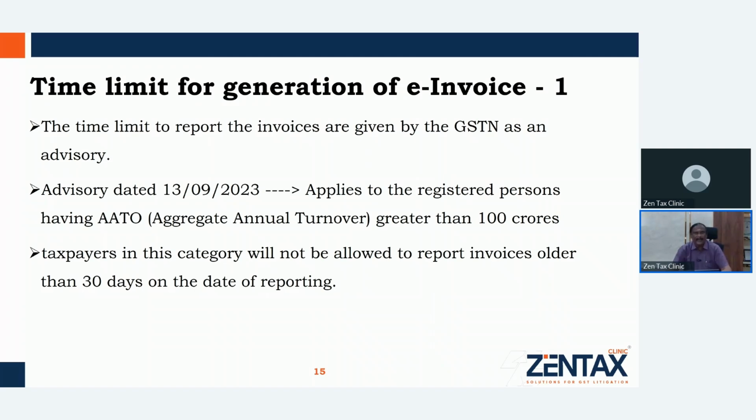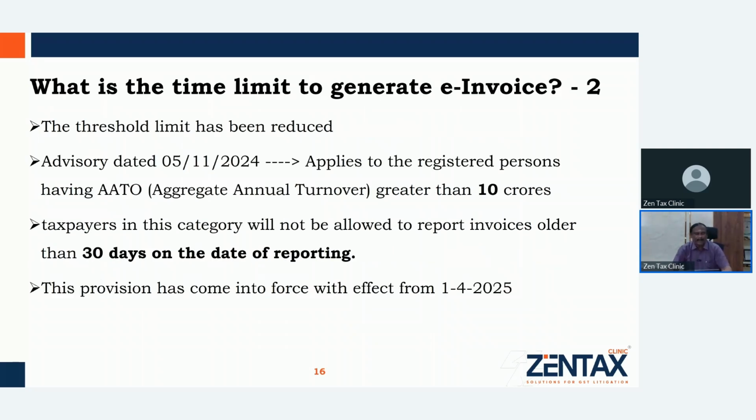The initial advisory was for persons having a turnover of 100 crores. Now, what is the situation? By 5/11/2024, this limit has been reduced to 10 crores. The generation of the e-invoice applies for persons above the 2 crore, 5 crore thresholds, but the time limit applies to persons with aggregate annual turnover of more than 10 crores.